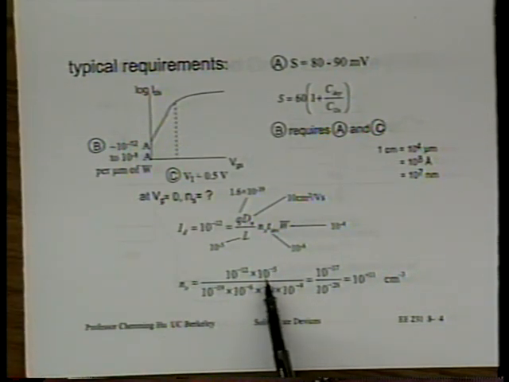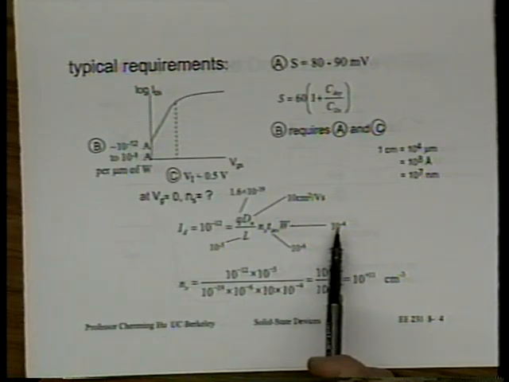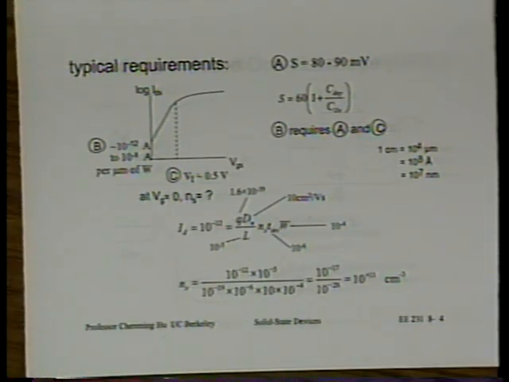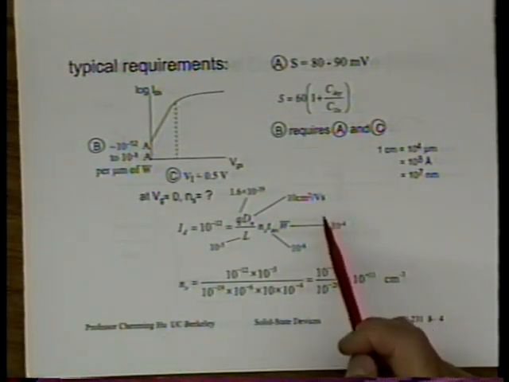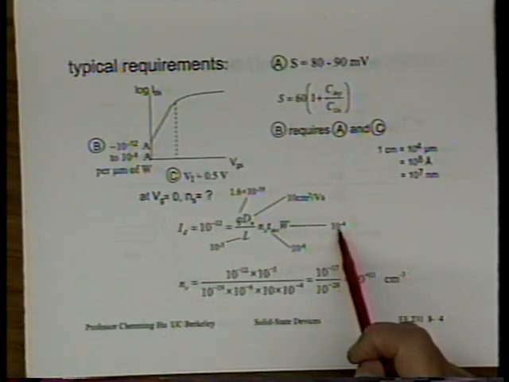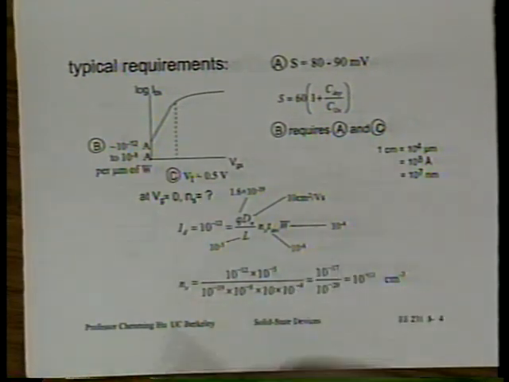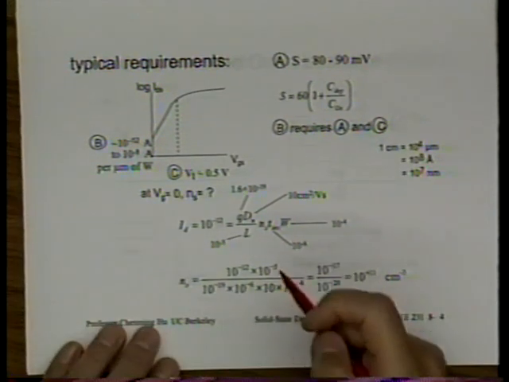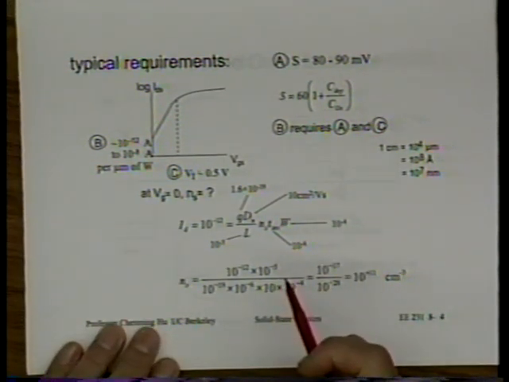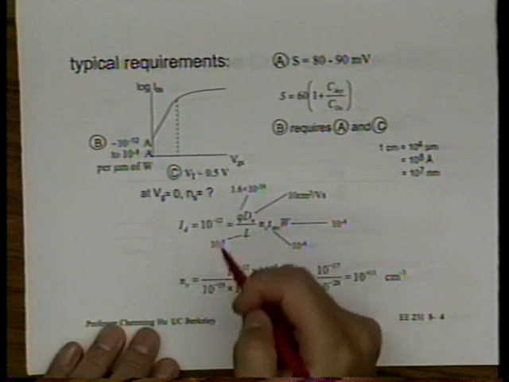Oh, I see, this is the 10 to the minus 5. Why don't we just do this right? Jeez, I don't know what happened here. Let's redo this, all right? Let's totally redo this.